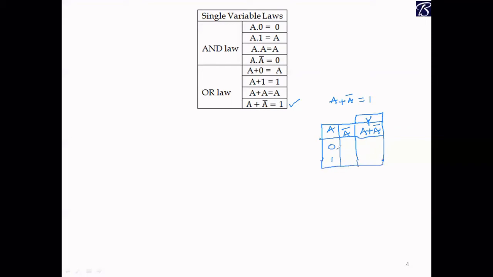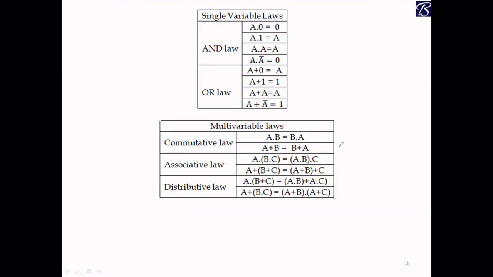Now find out if A equal to 0, what is A bar? This is 1. And if A equal to 1, what is A bar? This is 0. Now what is Y, A plus A bar? That means 0 plus 1, this is 1. And 1 plus 0 is also 1. So if A equal to 0 or 1, the output is 1 only. So Y equal to 1.